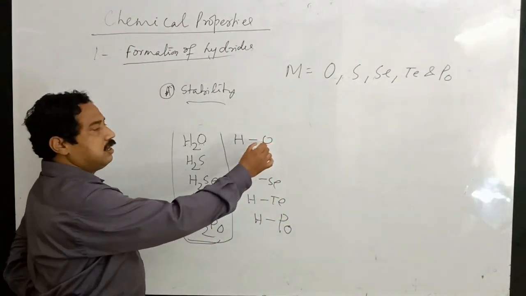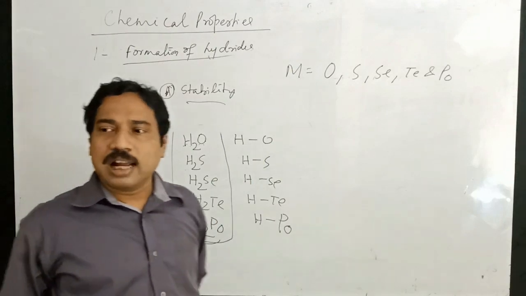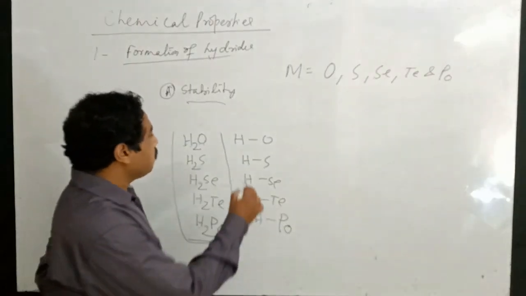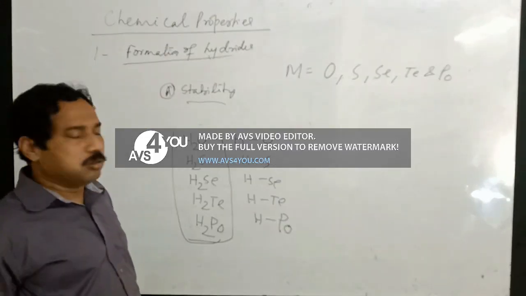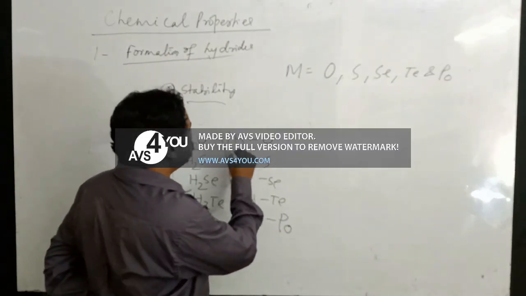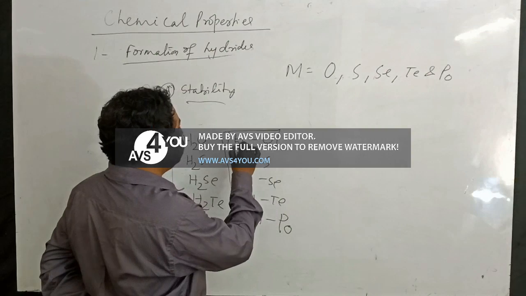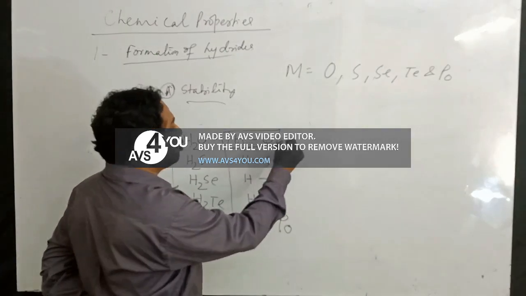Oxygen has a smaller atomic size, so the force of attraction between hydrogen and oxygen is more. So the strength of the chemical bond between hydrogen and oxygen is strong, so it is more stable.